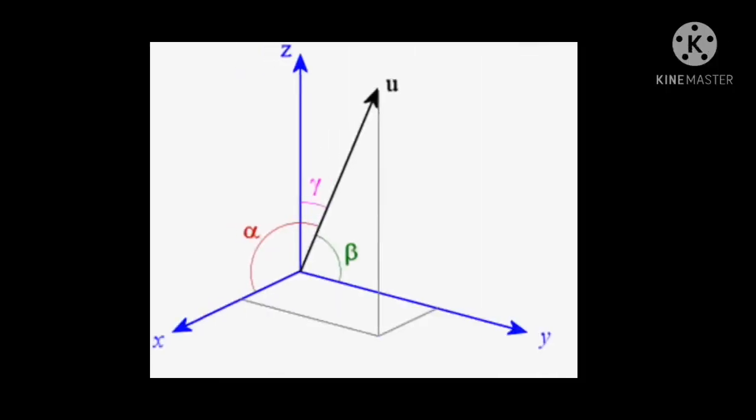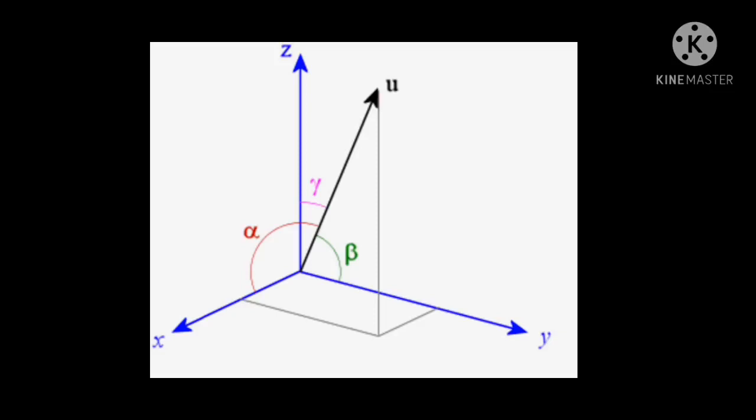Here we have three axes, x, y and z, and you can see there is a vector u coming from the origin. That u vector makes different angles with the different axes. It is making beta with the y-axis, alpha with the x-axis and gamma with the z-axis.